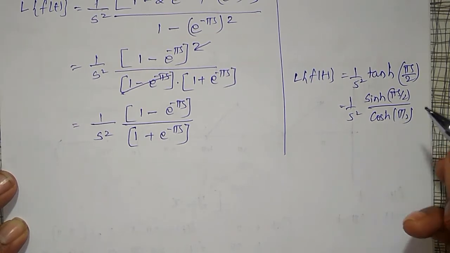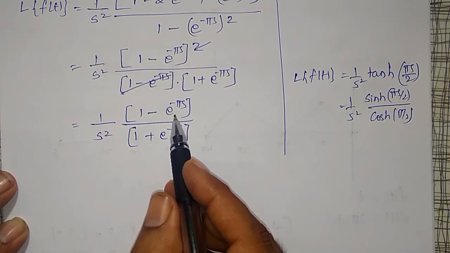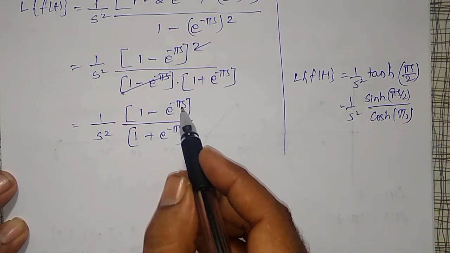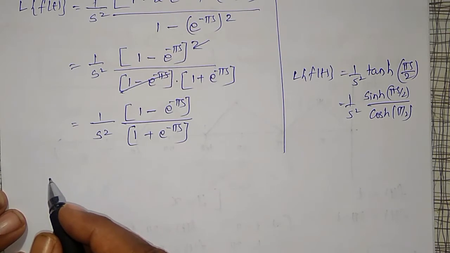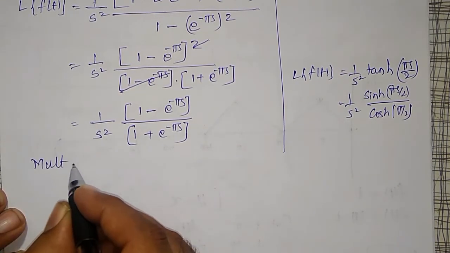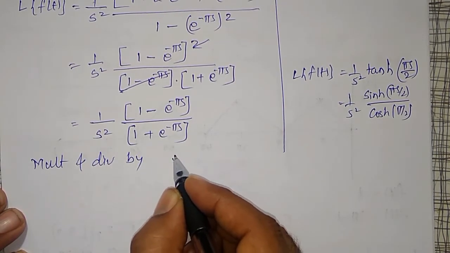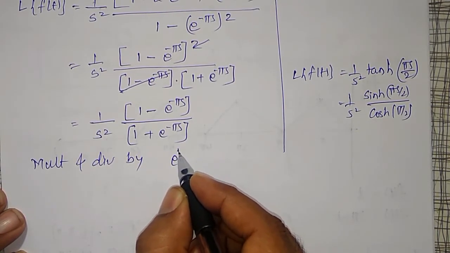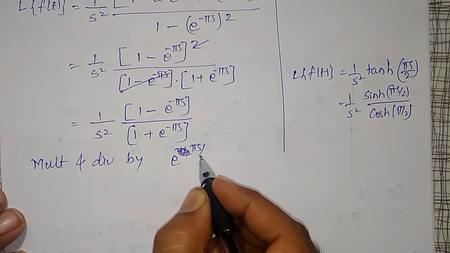Then it is easy to do. Here it is very nearly those terms, but here e to the power minus pi s is there, that's why I will multiply and divide by e to the power pi s divided by 2.